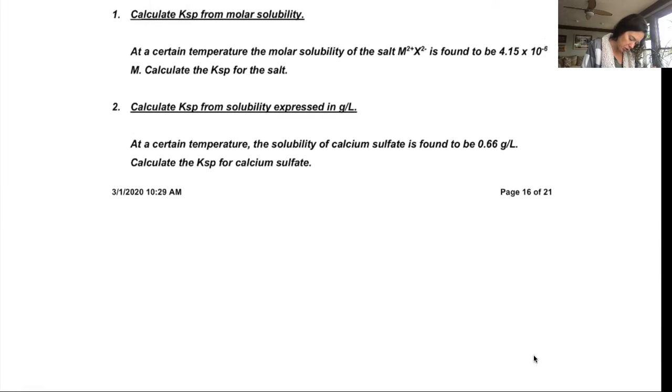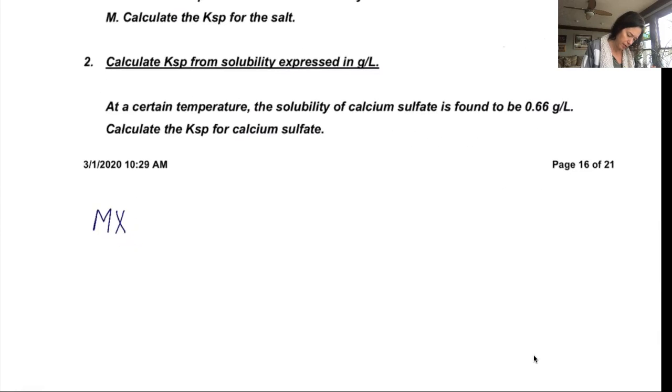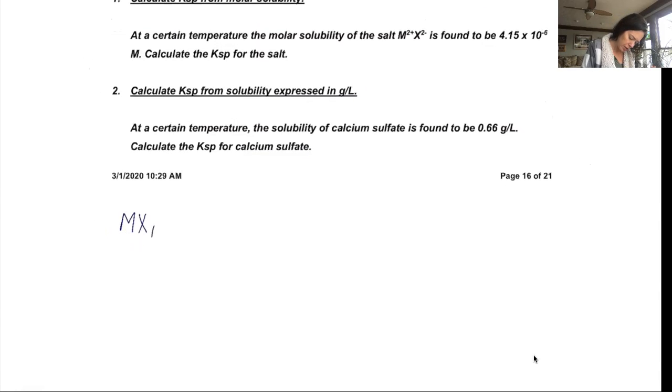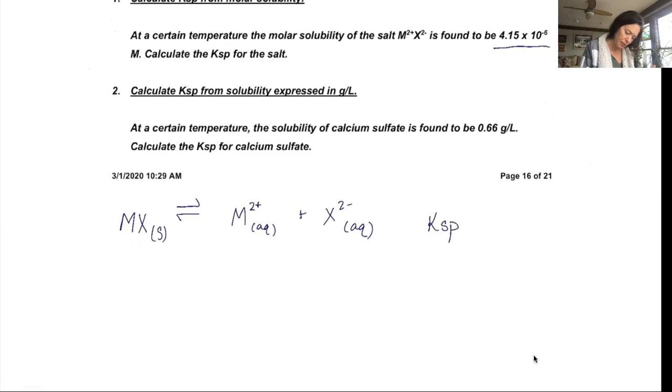My dissociation equation: my salt will have the formula MX. That will be my solid. It's only slightly soluble, as evident by its e-6 Ksp value. It will dissociate into cations and anions, and I need to calculate Ksp.